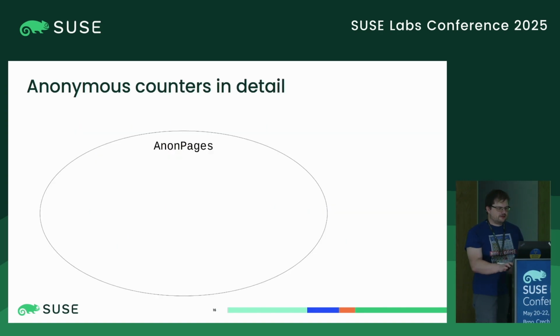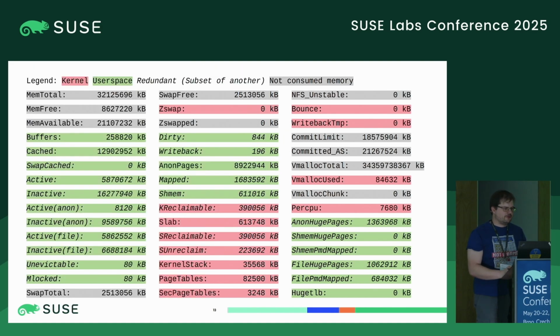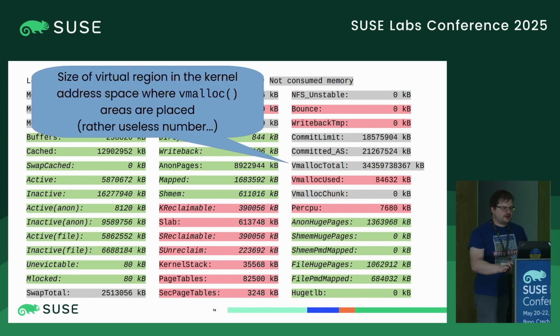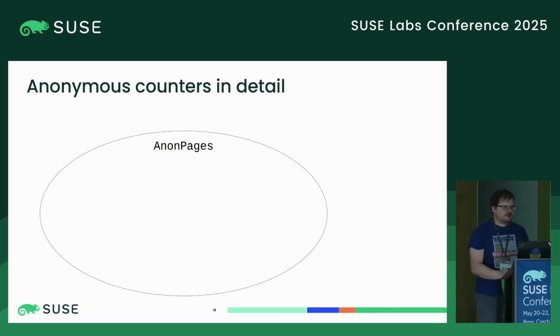So there were many counters, the green ones, that talk about these three kinds of memory I just described. And to make an illustration of them, I've created these Venn diagrams. So first, the anonymous counter.